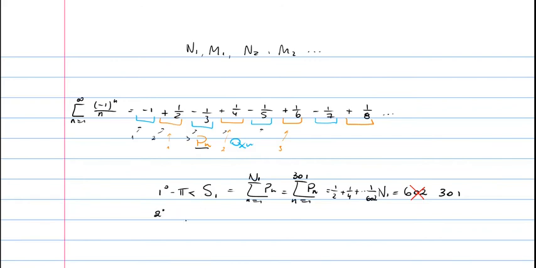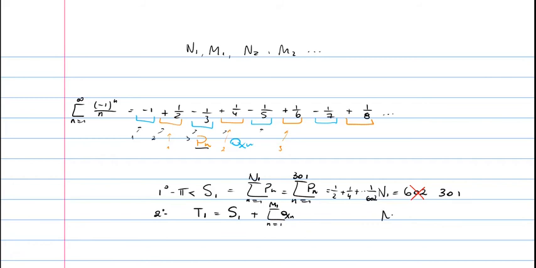In the second step, we calculated T1. T1 was the sum from S1, that's why we used S1 as a previous sum, plus the sum from n equals 1 up to m1 of q sub n.